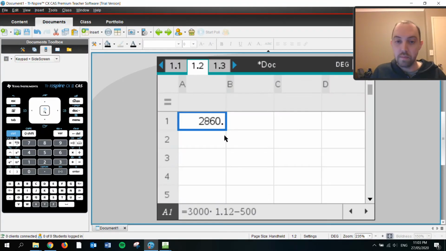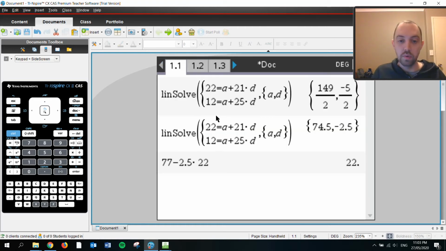I'm setting this up in list and spreadsheets because I know I'm likely going to have to use my list and spreadsheets for a later question. You could plausibly do this in the calc section as 3,000 times 1.12, take 500, there's my T1.